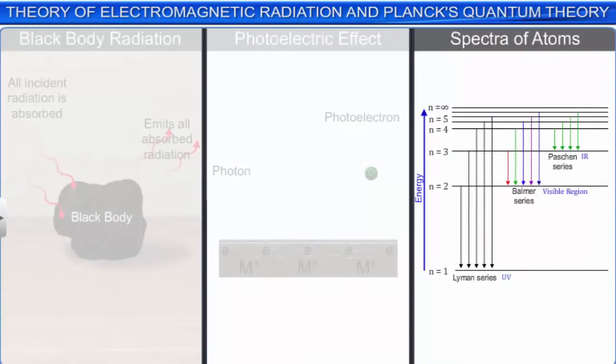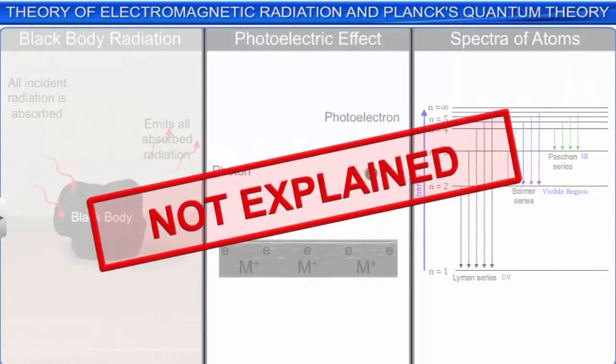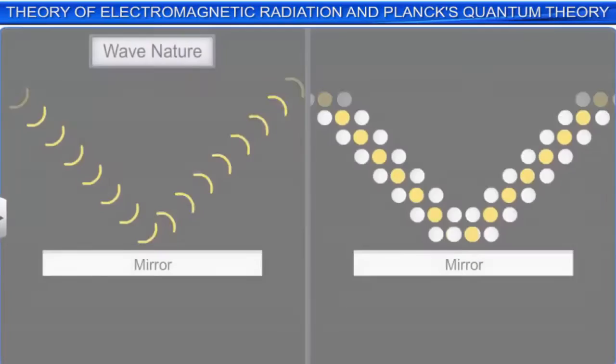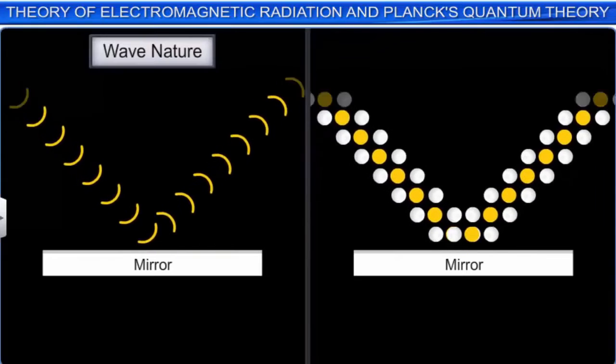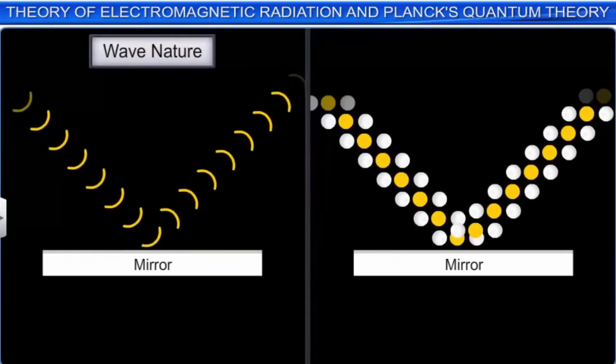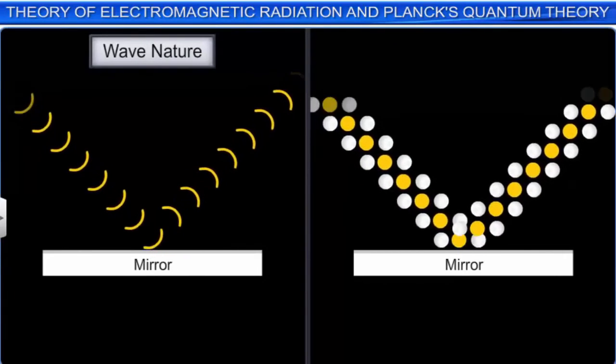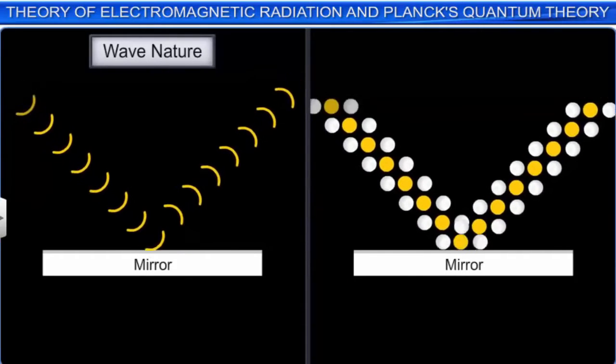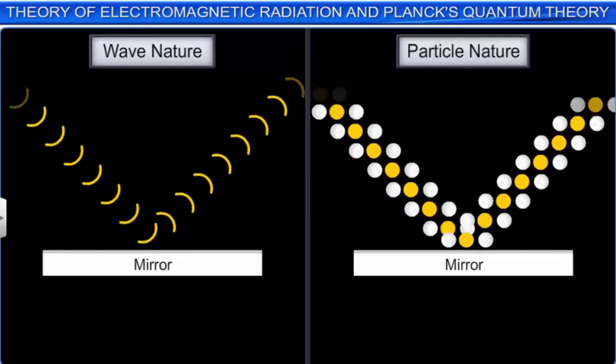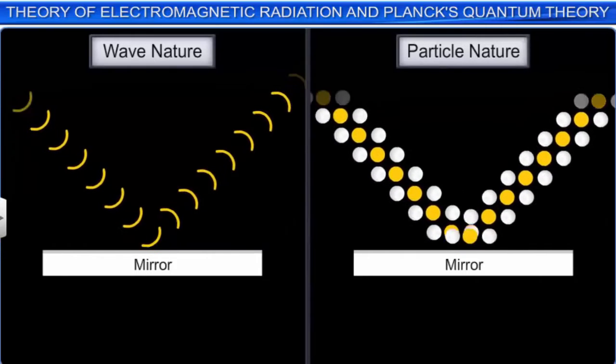These things could be explained only if the radiation is assumed to be a stream of photons, that is, by considering particle nature. Let's understand these phenomena one by one.